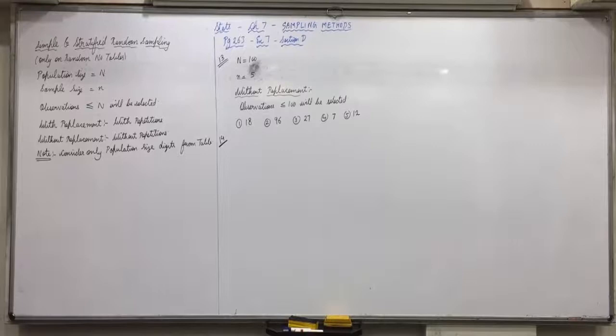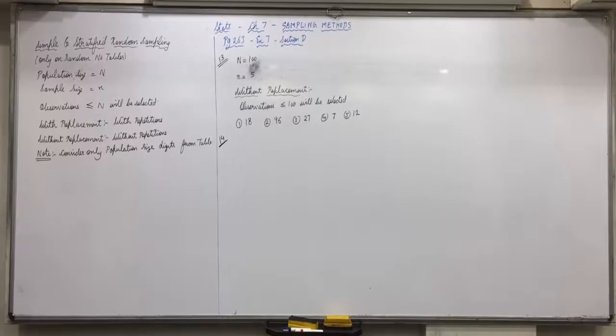Once I start reading, be attentive. 70 students, mark it as capital N. A teacher wants to select 7 students for 7 activities, small n. So now, is everyone clear with that? Small n is 7. You have to select 7 samples. Obtain a random sample with replacement, that is, with repetition.